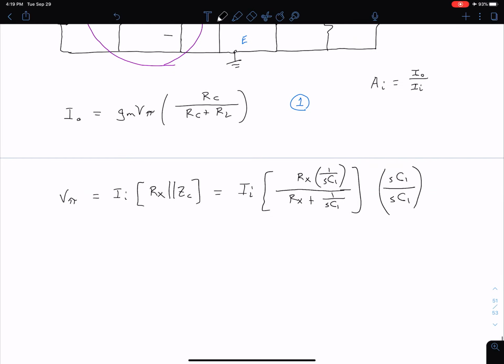And so that's going to clean that up, and we're going to be left with V pi is equal to I sub I times Rx in the numerator divided by 1 plus S Rx C1. Okay, and again, to be consistent with our notes, let's call this 2.